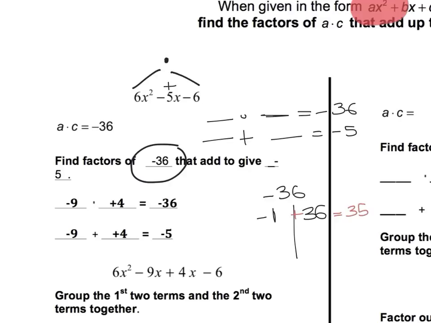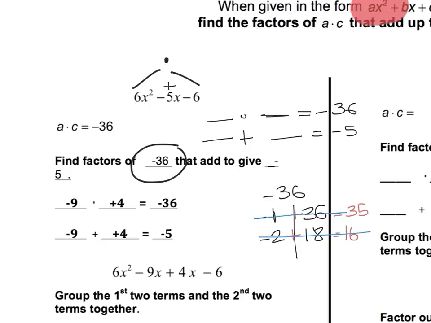So that is not my choice. Now another number is 2 times 18. 2 times 18 is a 36, and I need one of them to be a negative. Now let's add negative 2 plus 18. That will give me 16. And I don't want that. I want negative 5. So let's move on.